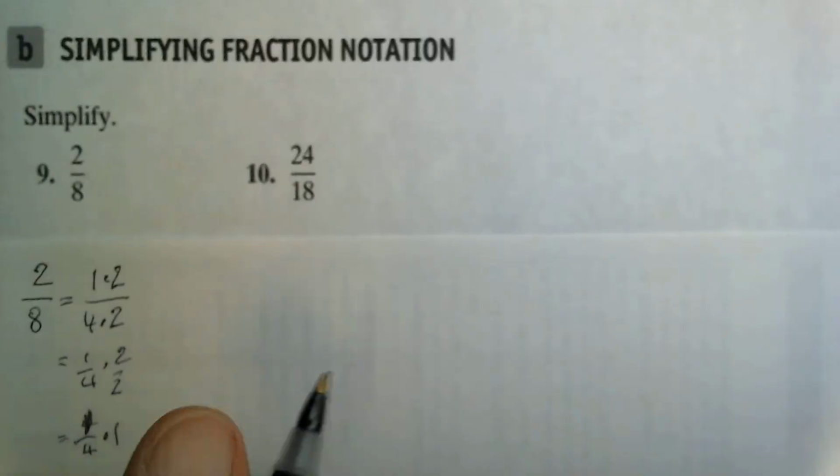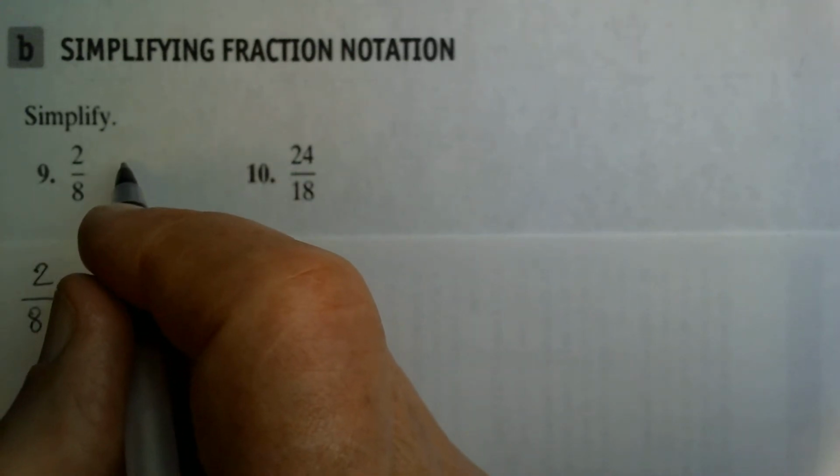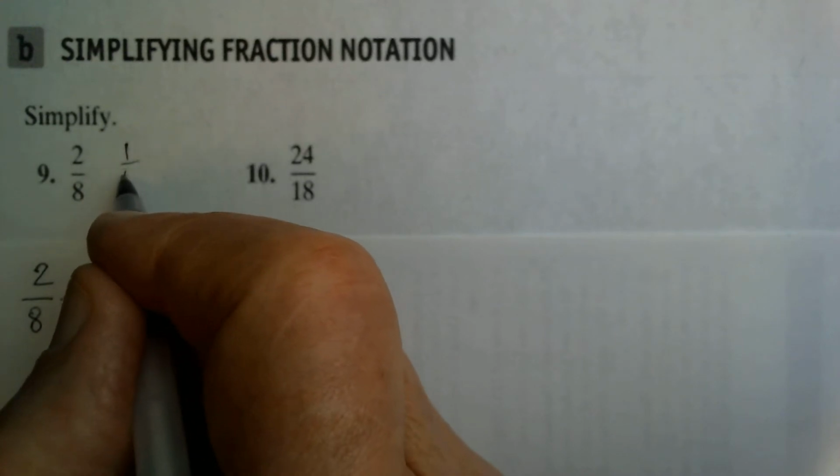Now we know that 2 divided by 2 is equal to 1. So that would be equal then to 1/4 times 1, which is equal to 1/4. This is the answer then to exercise number 9, 1/4.